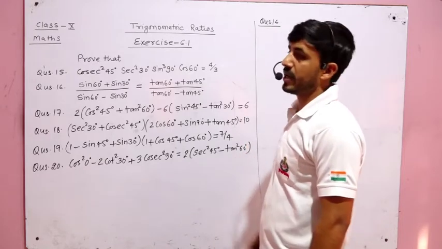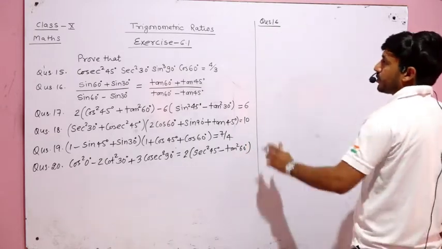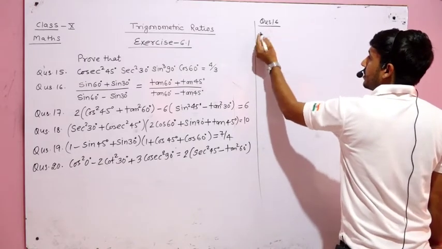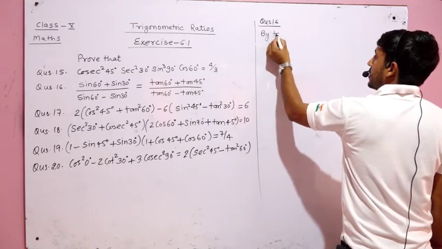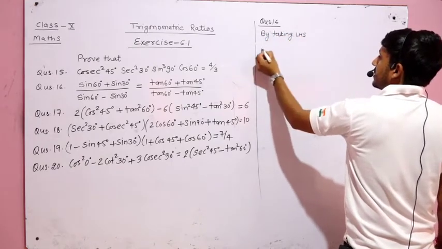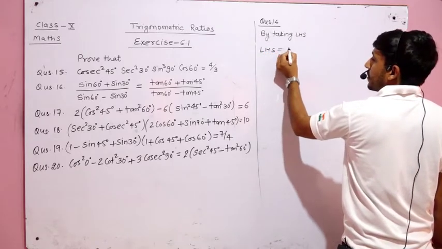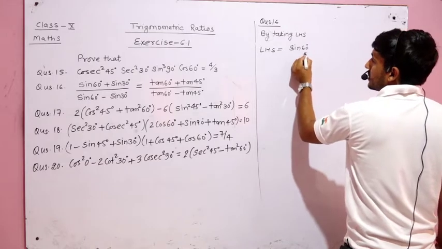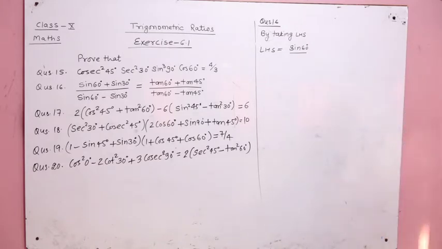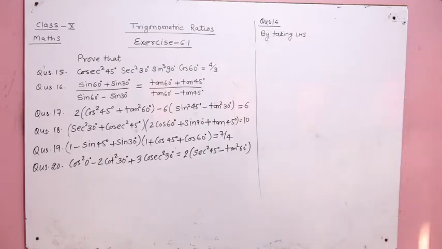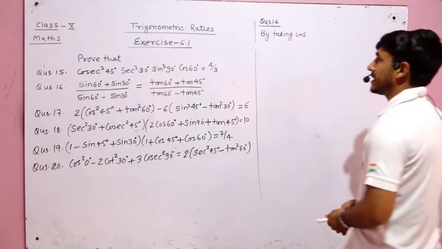Okay, then first we have to take LHS from question number 16. By taking LHS, that is given as sine 60 degree divided. Okay, first we have to put all the values of the functions from the table before taking the sides.